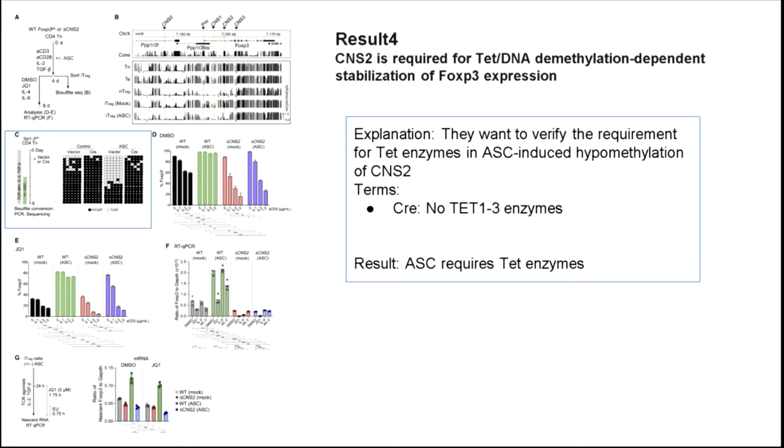To verify the requirement for TET enzymes in ASC-induced hypomethylation of CNS2, they removed TET1 to TET3 with retroviral Cre, and they saw that the effect of ASC on CNS2 demethylation was abolished in Cre. So, this result supports the reported role of ASC and TET enzymes.